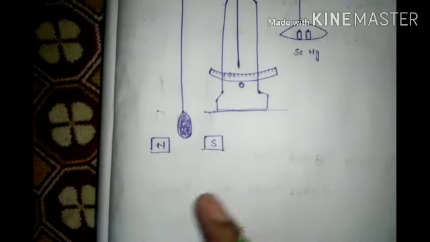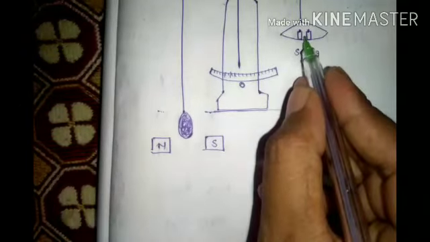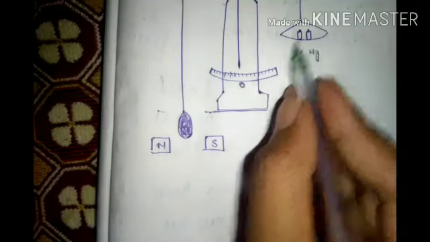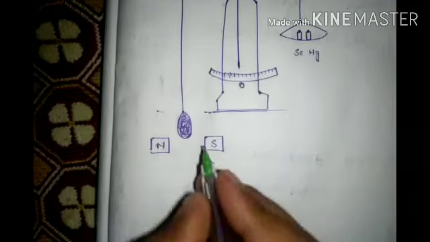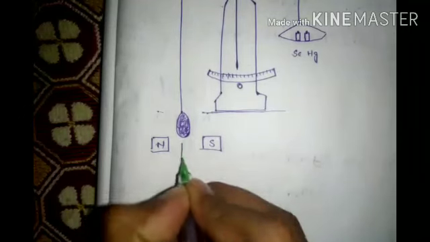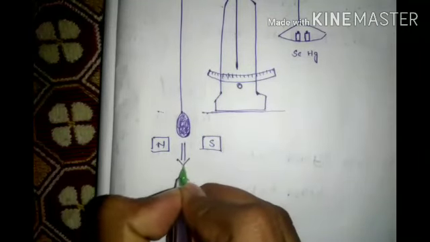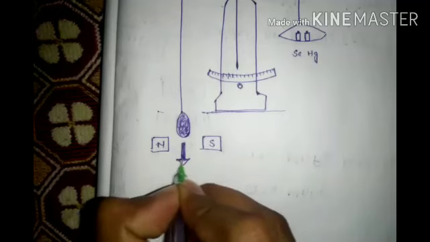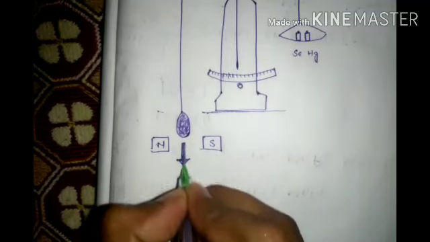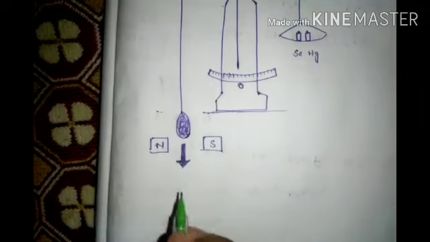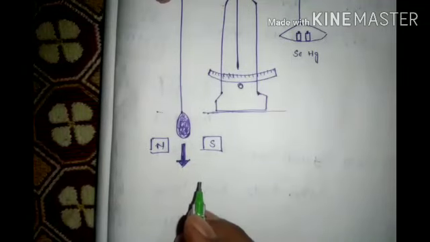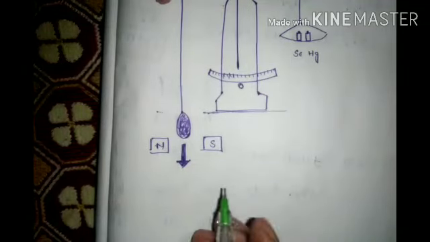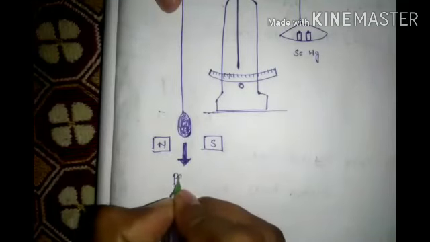For example, if you keep one metal here and the weight is coming down in the middle, that is called a sample attracted by the magnetic field, which is called paramagnetic.